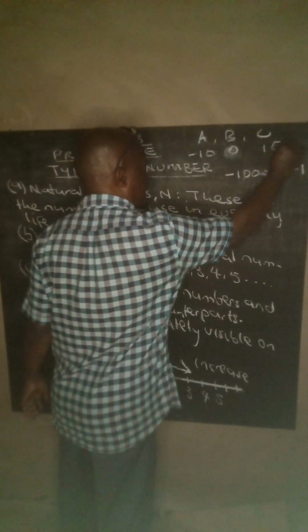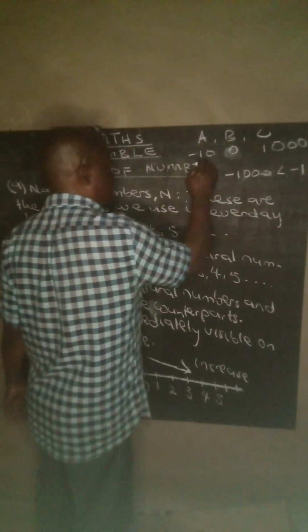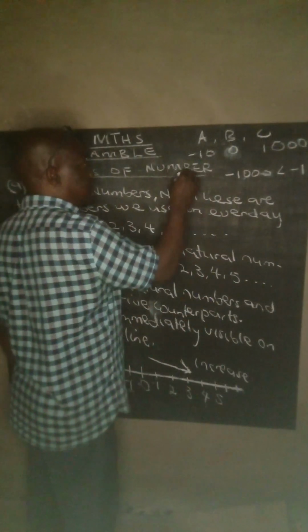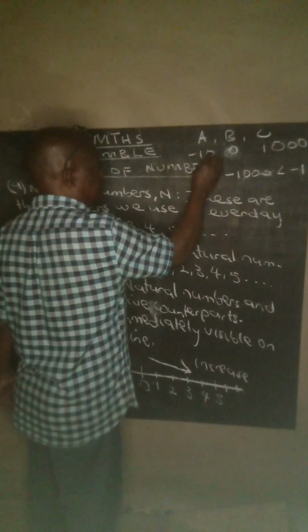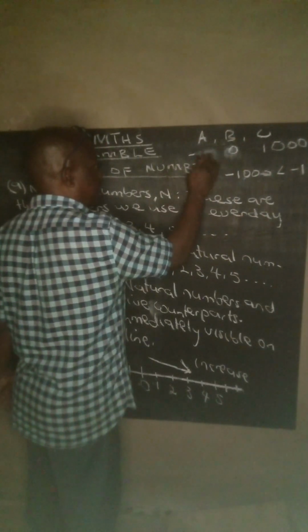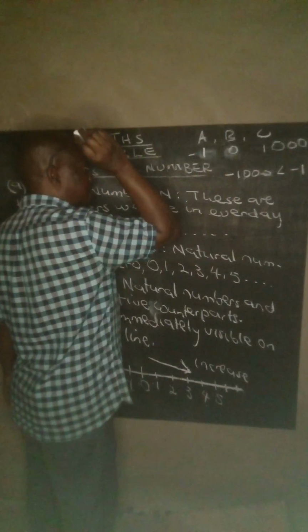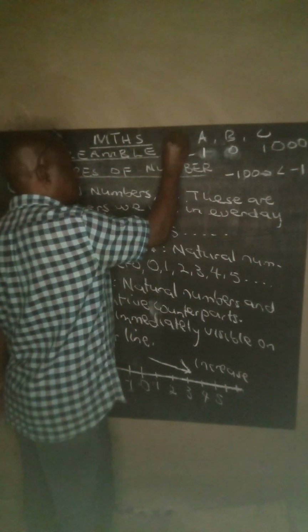This one is having 1,000 on him. Then, let me move this to A, who is owing 1 naira. That will be minus 1. And then D now. D is what?